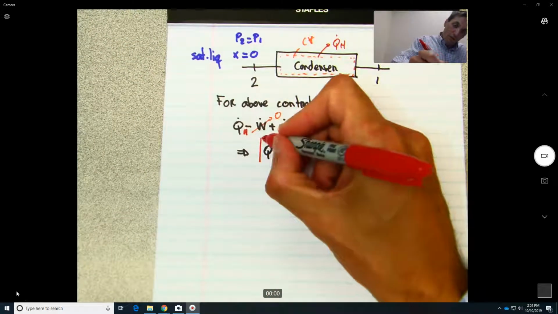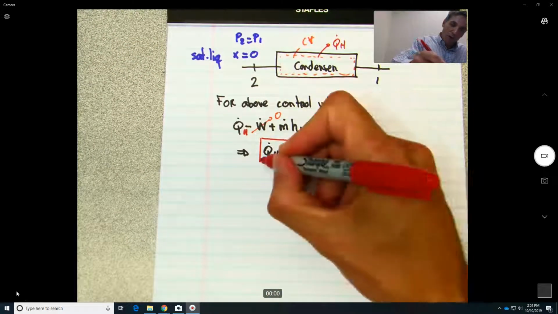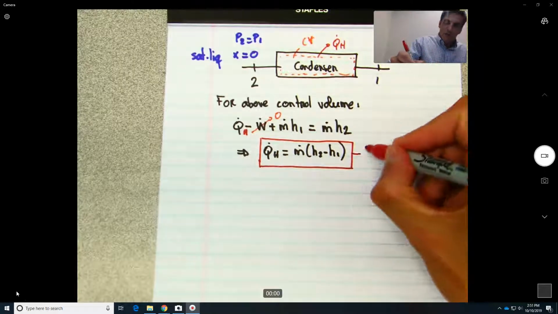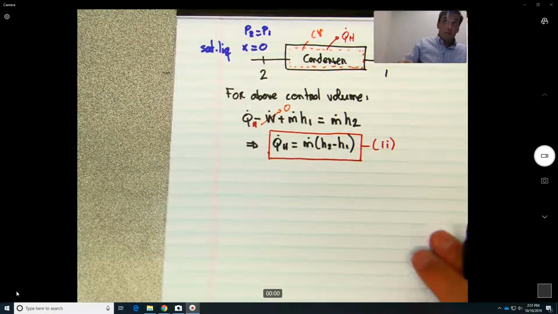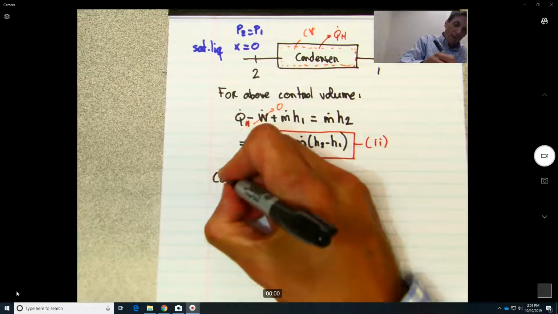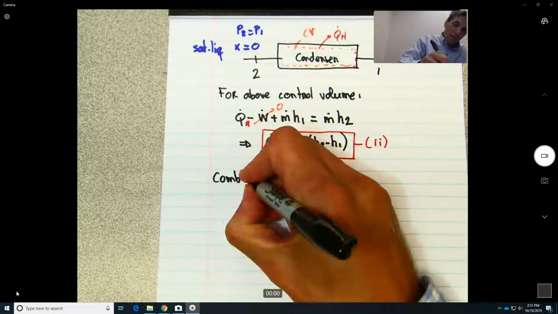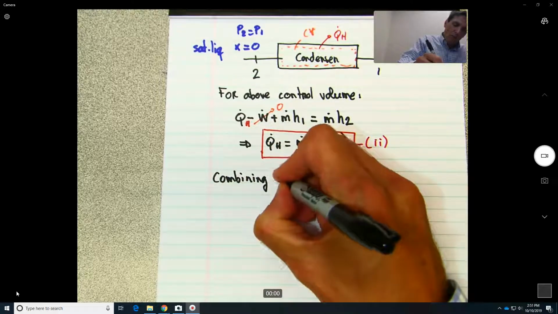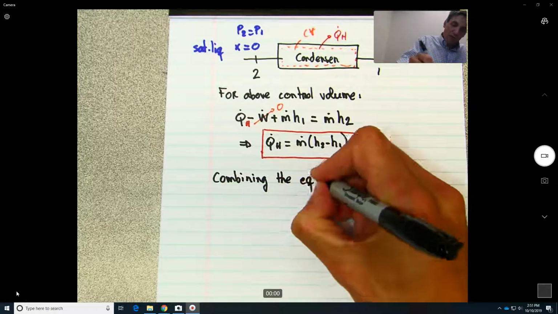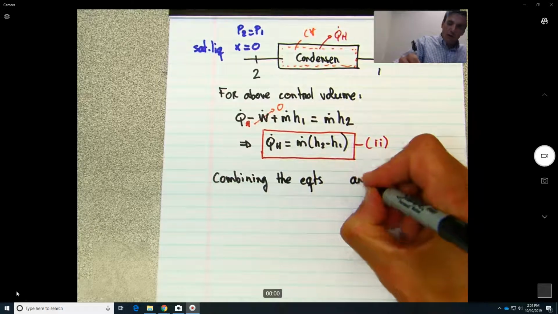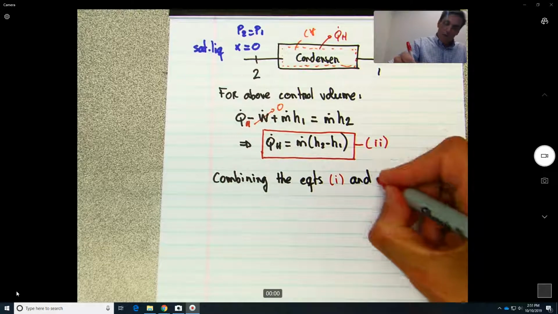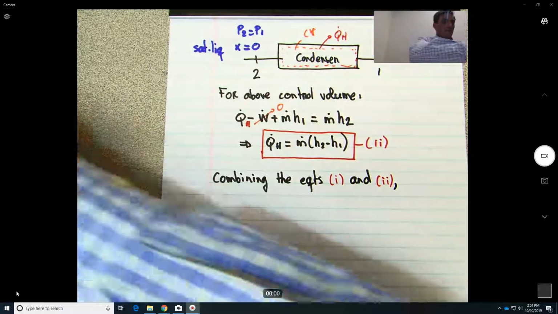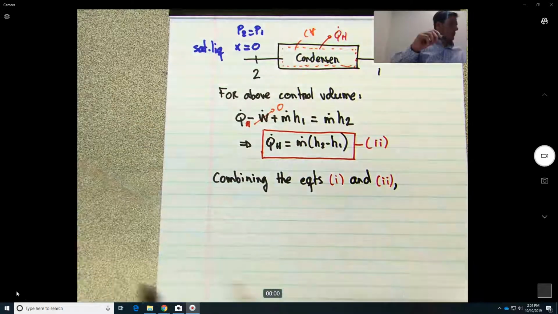Alright, so I think conceptually this problem is almost done. So now what can we do? So combining the equations 1 and 2, what do we have? Let's see. So what was the first equation?